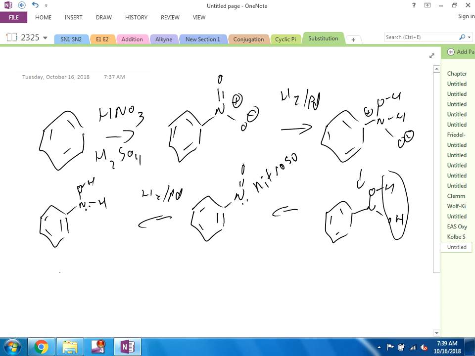And then finally, you can go ahead and break the oxygen-nitrogen bond, which is a lot like a peroxide, okay, by forming water. And then you'll go ahead and form your amino group. Okay? And so there's the amino group. And so there's aniline right there, right? Okay?